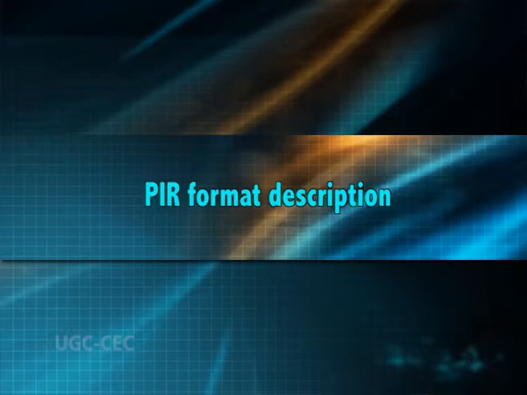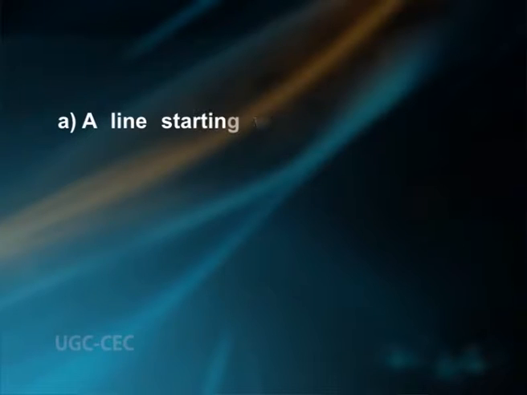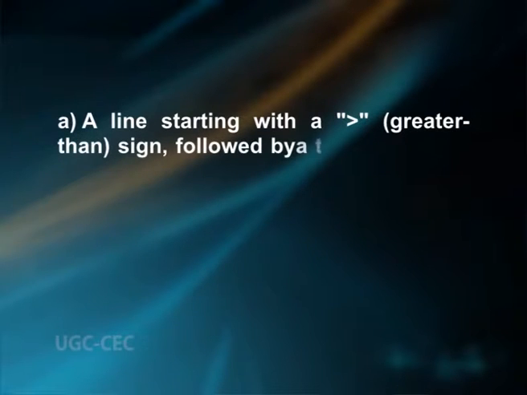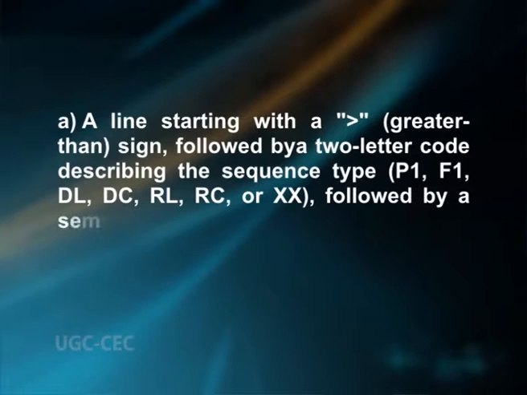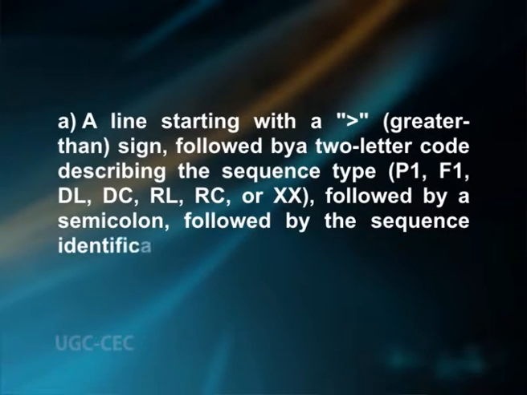PIR format description. A sequence in PIR format consists of a line starting with a greater than sign followed by a 2-letter code describing the sequence type, that is P1, F1, DL, DC, RL, RC or XX, followed by a semicolon, followed by the sequence identification code, the database ID code.